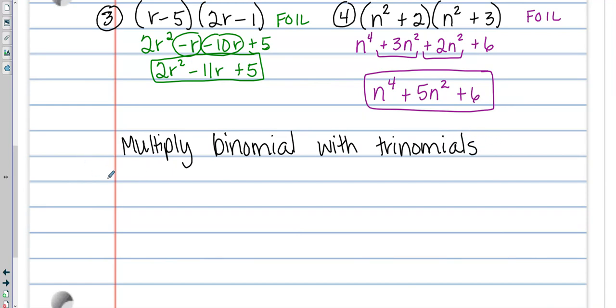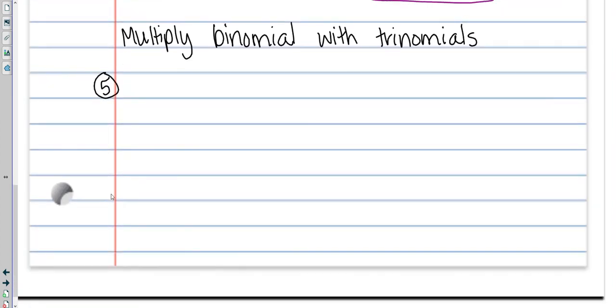Okay, so this is number 5. We have x plus 5 times x squared minus 3x minus 2.